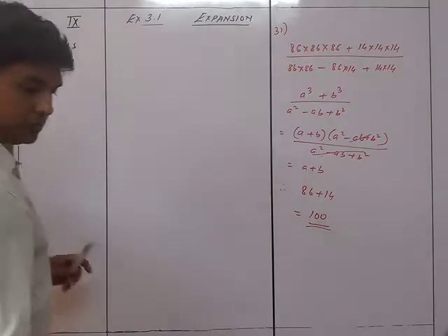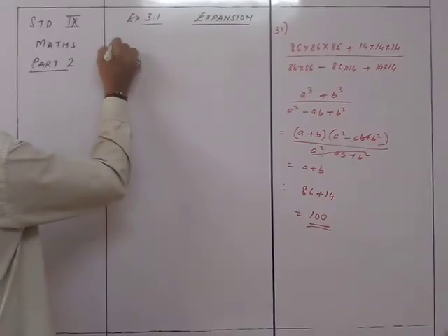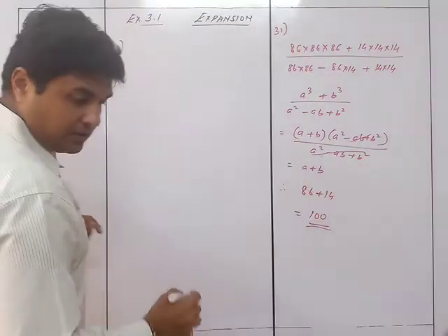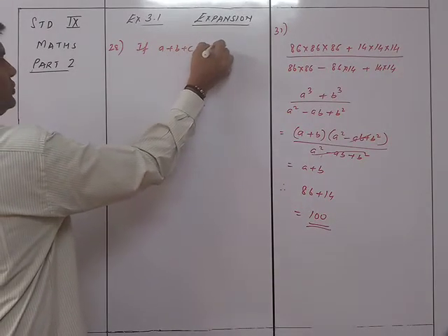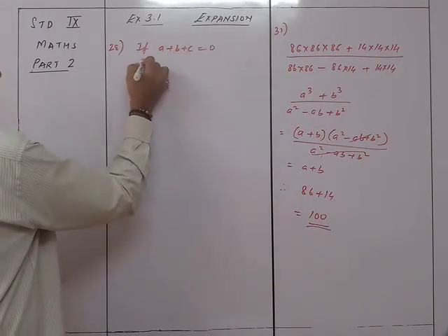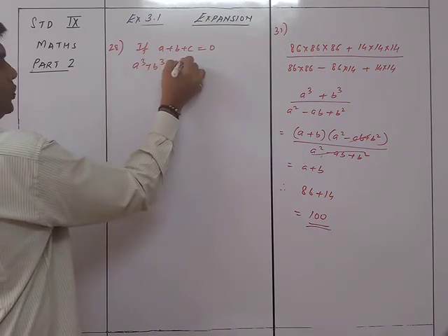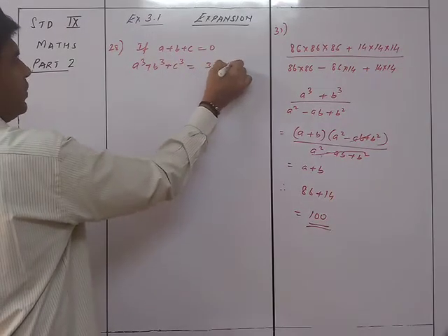So sum number 28, I am doing an extra sum. It is given that if a plus b plus c is equal to 0, then a cube plus b cube plus c cube will be equal to 3abc. This is what I will need to use.